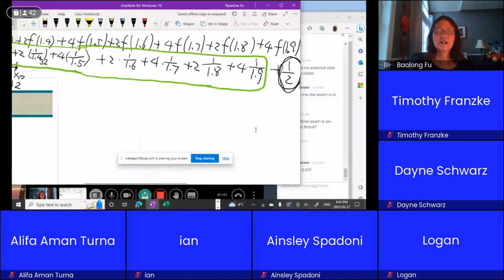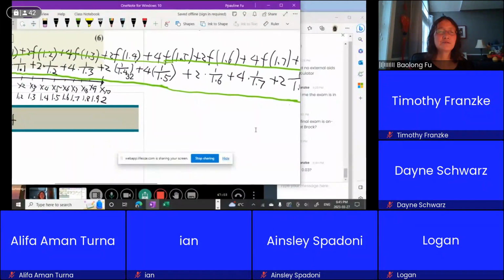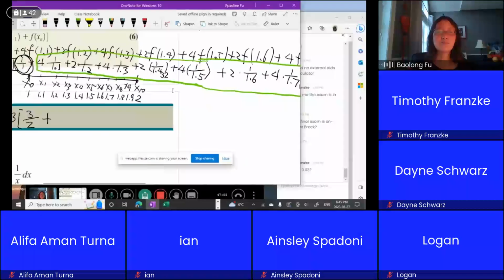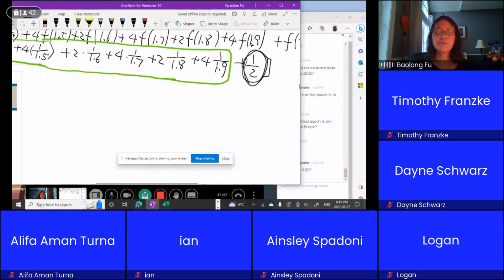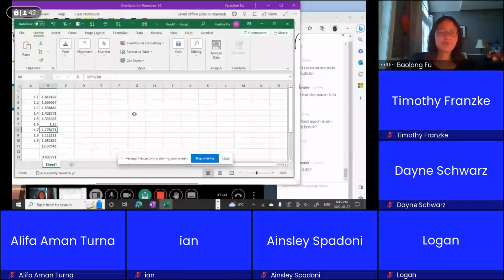Okay, so in Excel, I will do 1.1, 1.2 until 1.9.